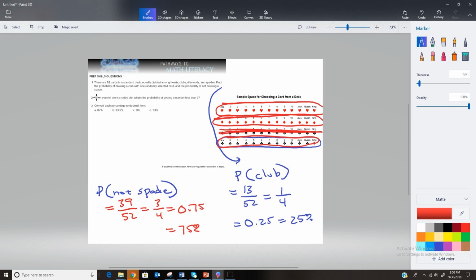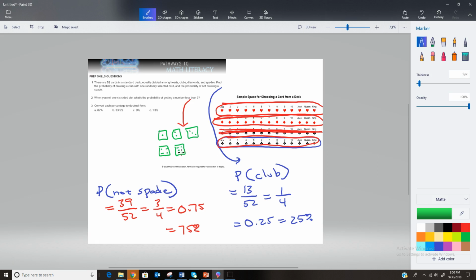All right, so when you roll one 6-sided die, what's the probability of getting a number that's less than 3? Let's change colors here, to help us keep track of things. Okay, so if you think of the faces on a single die, you have 1, 2, 3, 4, 5, and 6, of course.